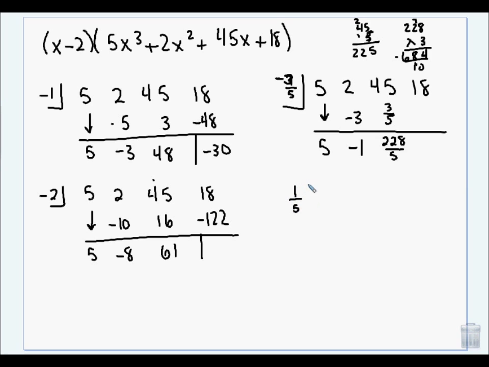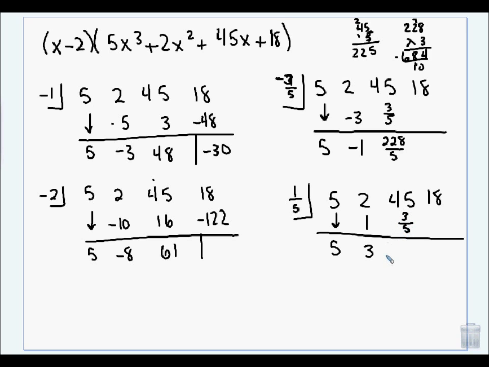I'm going to just try 1/5. It's possible that it's 4/5. I don't remember, but I'm just going to try 1/5 and see what happens. If I multiply that by 5, I get 1, which gives me 3. When I multiply that by 1/5, I get 3/5, which gives me the same exact thing.